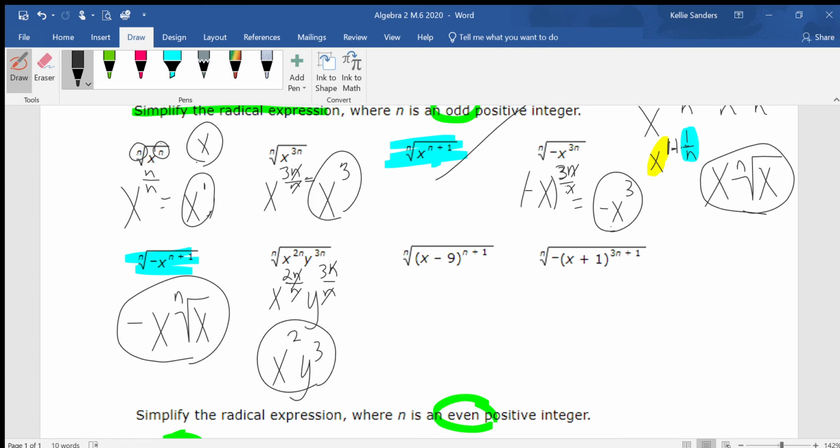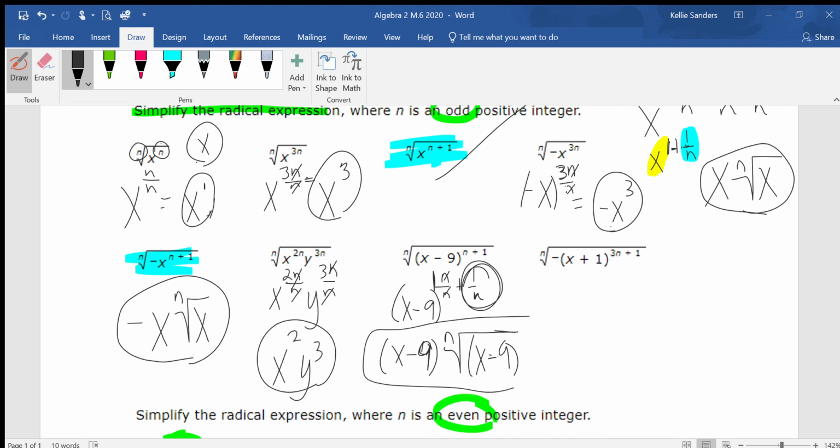Okay, so on this, x minus 9, n over n plus 1 over n. n over n is 1. So x minus 9 comes to the outside, but we're left with leftovers. We have 1 left over, so it stays on the inside also.